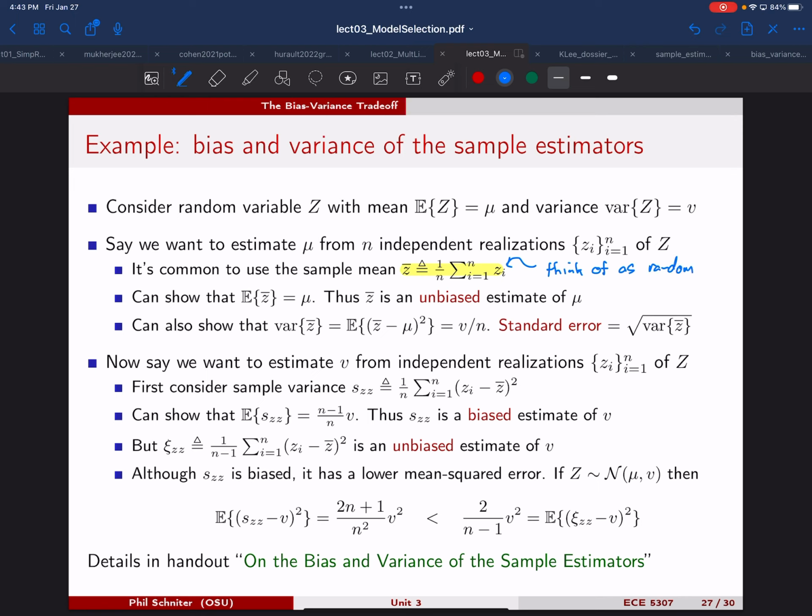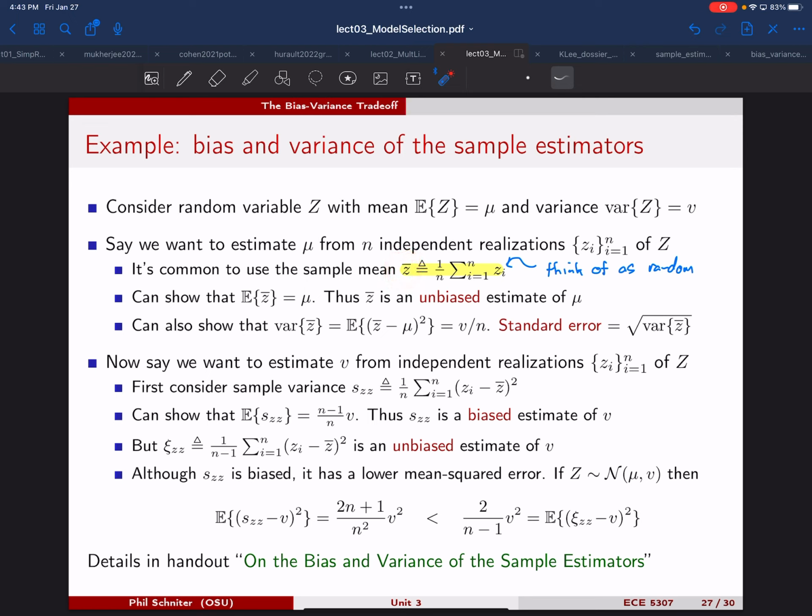And I want to think of them as having exactly the same distribution as z itself. So if z was Gaussian with mean mu and variance v, then I want to think of these zi's as Gaussian with mean mu and variance v, and I want to think of them all as statistically independent of each other.